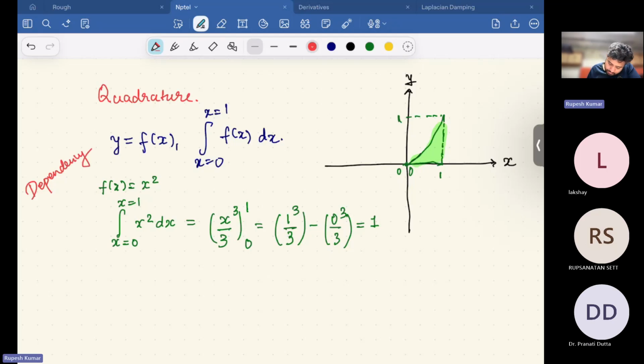The function must be integrable. There are non-integrable functions, and I will give you some examples. Yes, it has to be integrable.